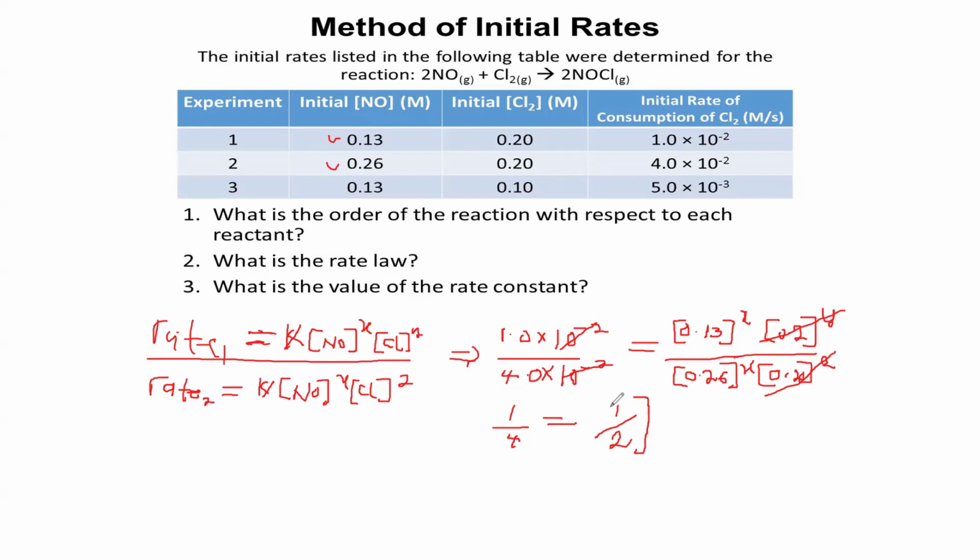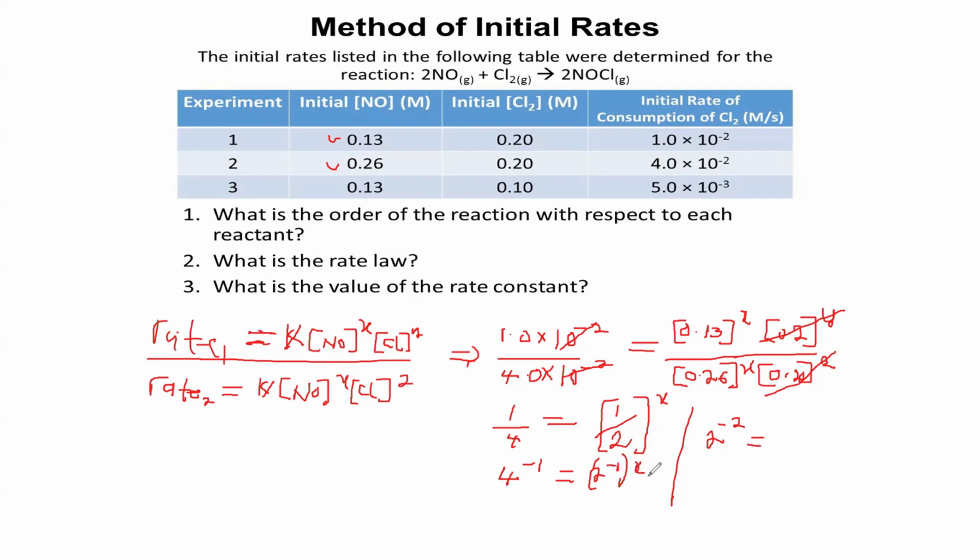Everything here will be in brackets to the power X. From the basic knowledge of indices, 4 is the same as 4 to the power of minus 1 here, and 2 to the power of minus 1 here, all to the power X. Of course, 4 is the same as 2 squared, so 4 to the power of minus 1 is 2 to the power of minus 2.